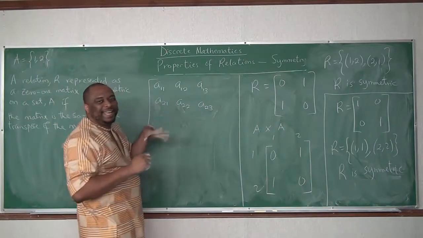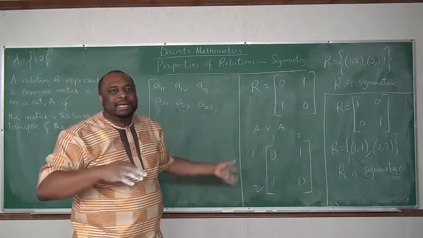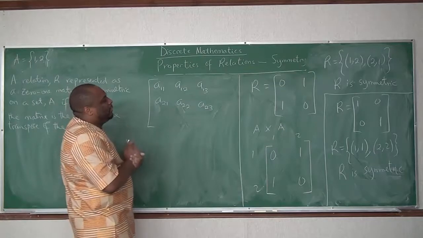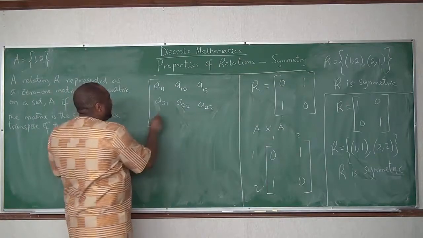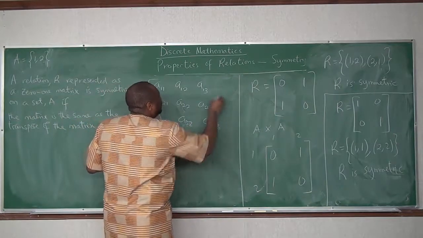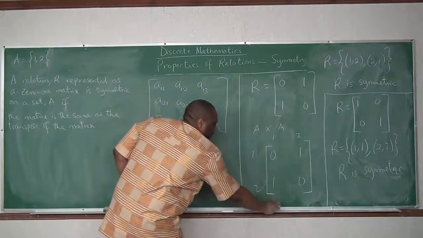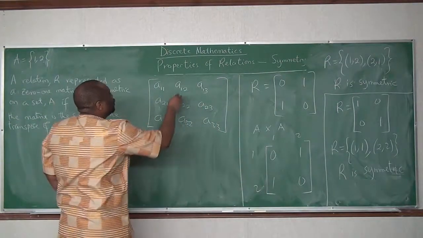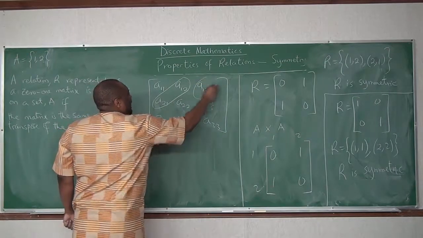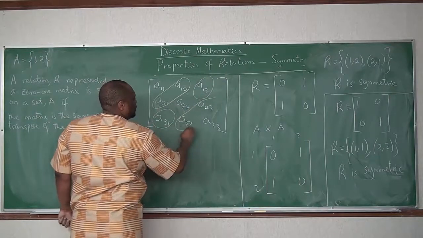R is just that matrix that they give you, whether the elements are there or not. So A1,1, A1,2, A1,3, A2,1, A2,2, A2,3, A3,1, A3,2, A3,3. All right, I'm using yellow chalk. You should know that this element and its mirror element should be the same.